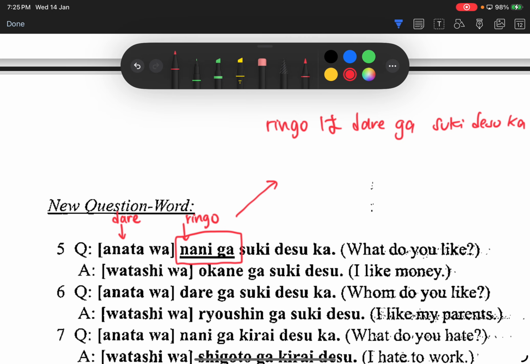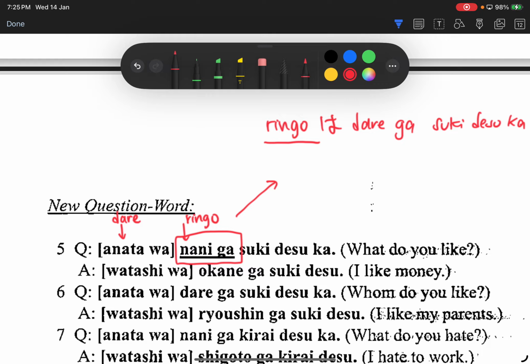So why am I phrasing it like that? Because we know the subject. The subject is ringo. Right? The primary subject in this case is ringo. So ringo wa, secondary will be our question. Our question will always be secondary. So 誰が好きですか? So this is the correct way to ask if you're asking who likes apple.